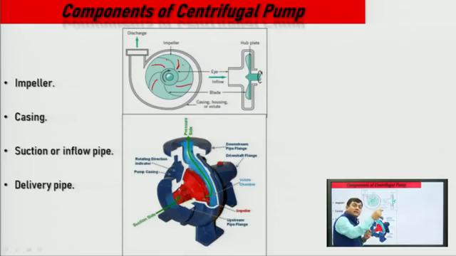Because of the centrifugal action, the rotor is rotating with mechanical power, and energy is transferred from rotor to fluid. Due to this centrifugal action, the energy is in the form of pressure energy, and a spiral acts as a diffuser.